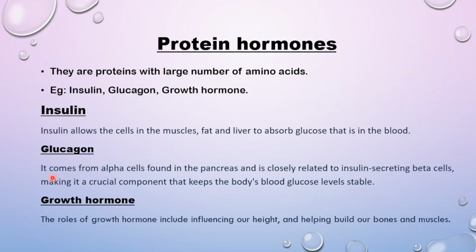Glucagon comes from alpha cells found in the pancreas and is closely related to insulin-secreting beta cells, making it a crucial component that keeps the body's blood glucose levels stable. Growth hormone: the roles of growth hormone include influencing our height and helping build our bones and muscles.